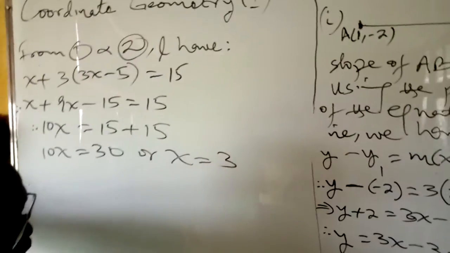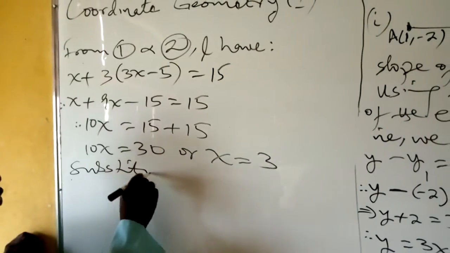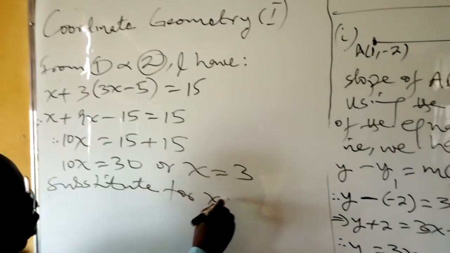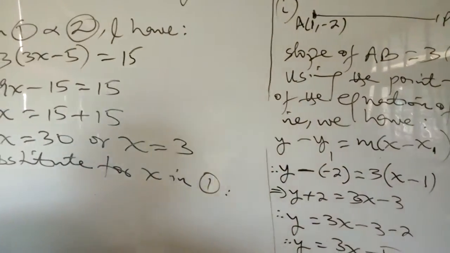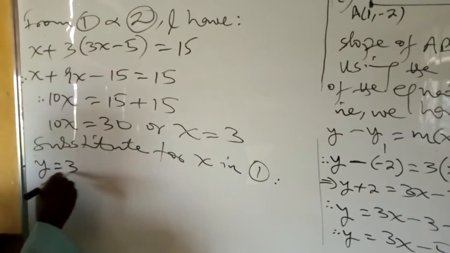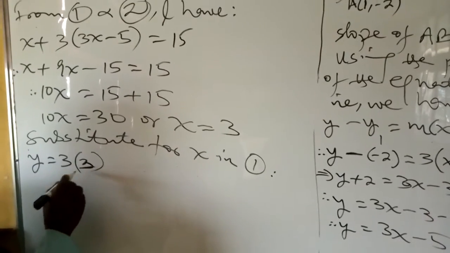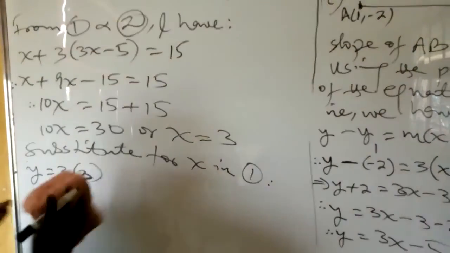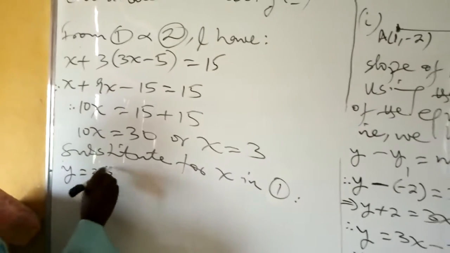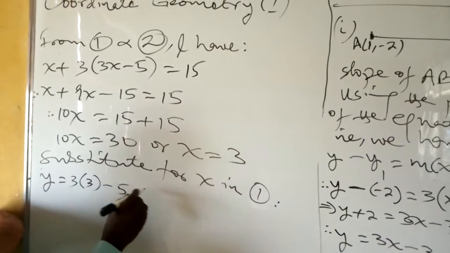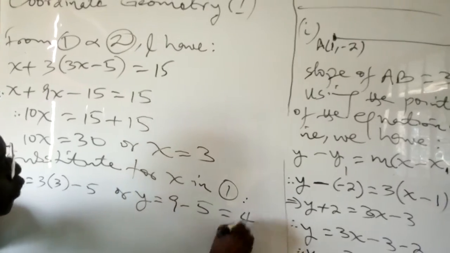Then how do I get the y coordinate? Substitute for x in equation 1. So I'm going to have y equals 3 into 3 minus 5, or y equals 9 minus 5, which is equal to 4.